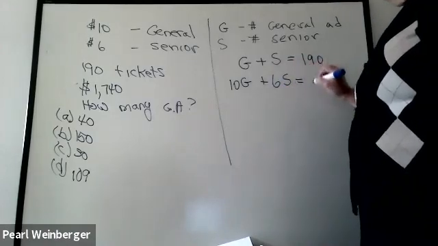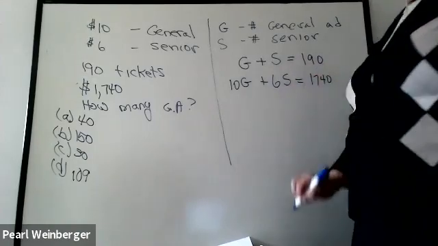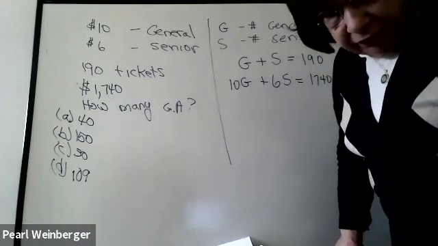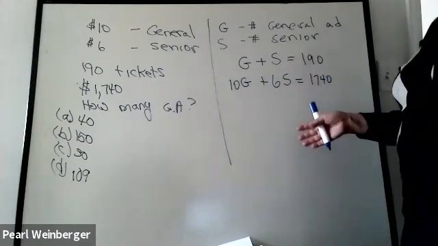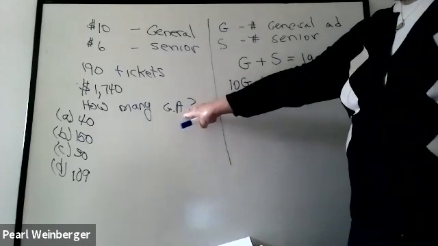That totally is going to give me $1,740. I hope most of you got that equation. Okay, we now have a system of equations, so we now have to solve it. And specifically, we were asked to figure out what the G is.